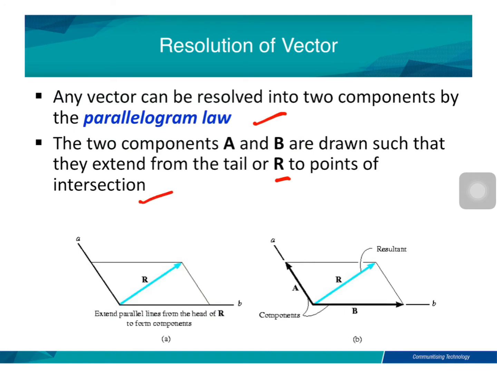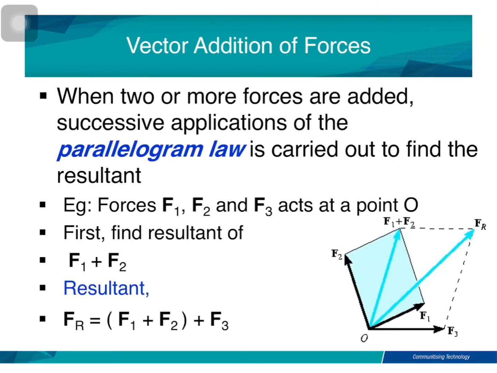So as we have done before, this resultant is constructed by these vectors. So let's say if we have these two vectors, the vector A and B, and we have the par law, then the intersection is the force resultant.